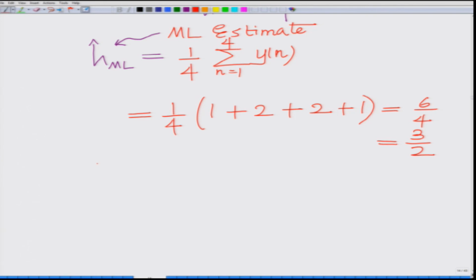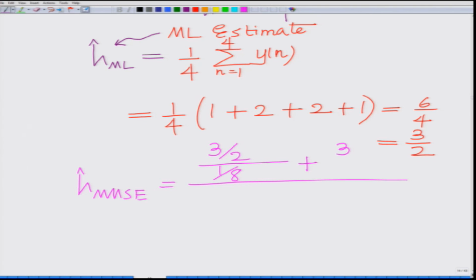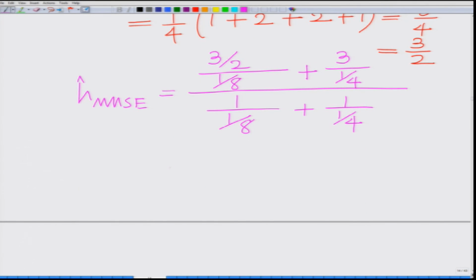Therefore, the MMSE estimate, we have already seen the ML variance, therefore, MMSE estimate h hat MMSE equals, now we have all the required quantities, that is the ML estimate divided by the ML variance, that is 1 over 8, plus the prior mean 3 divided by the prior variance, that is sigma h square, which is 1 over 4, divided by 1 over the ML variance plus 1 over the prior variance, which is basically equal to 12 plus 12 divided by 12, which is 24 divided by 12, which is equal to 2.